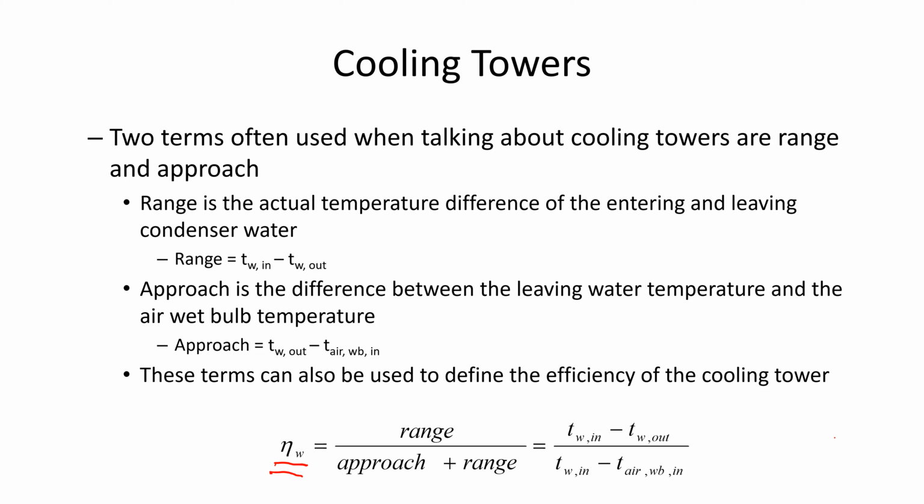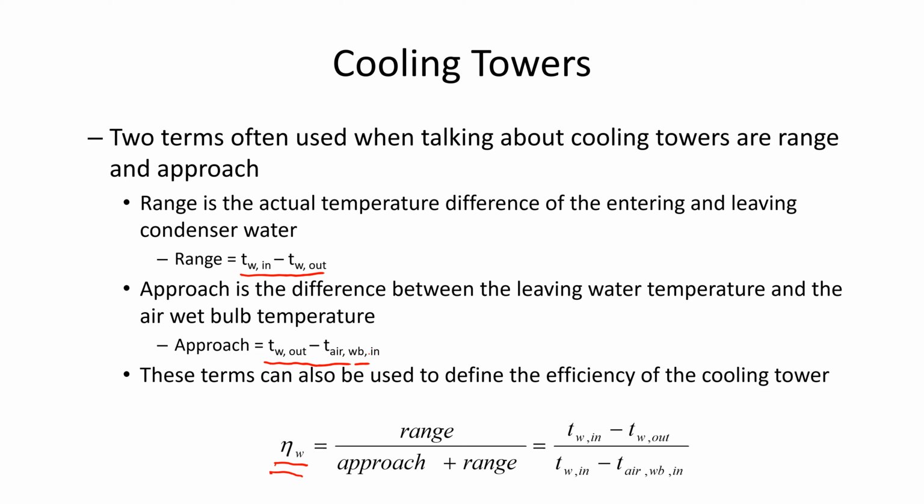Or if I take these variables in my equations up here and I sub them into the equation, down in the denominator where I'm doing the approach plus the range, the wet bulb temperature, or the water temperature leaving the cooling tower, that T_W out, cancels out.